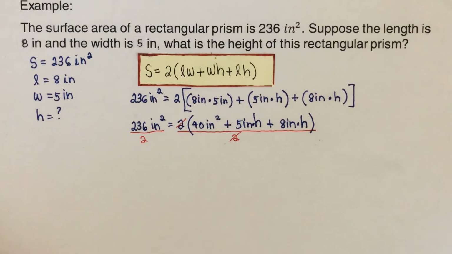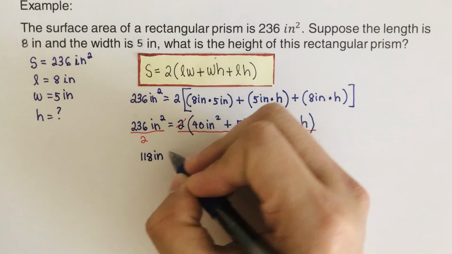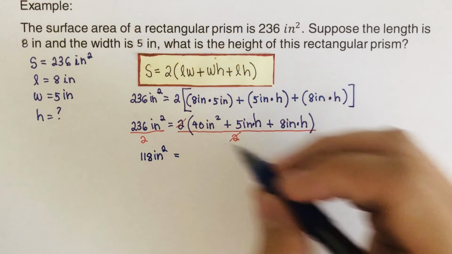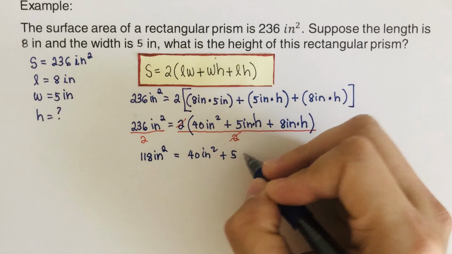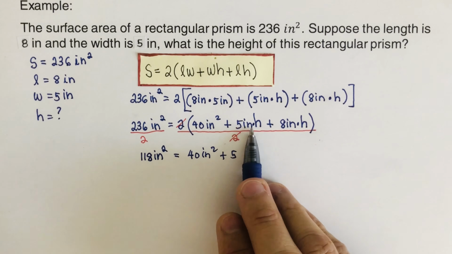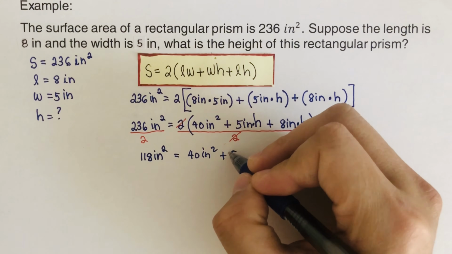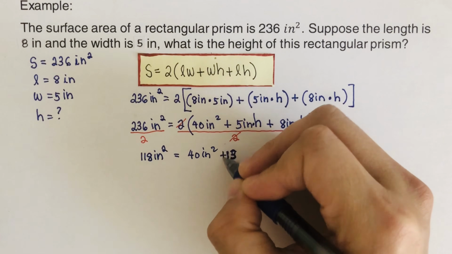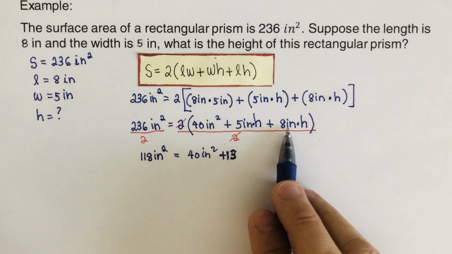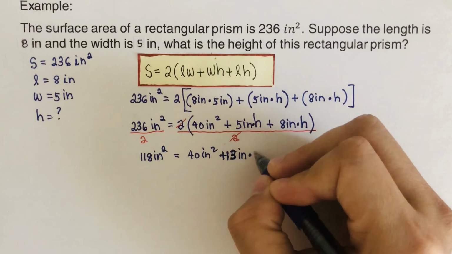236 inches squared divided by 2 is 118 inches squared, which is equal to 40 inches squared plus 5 inch h plus 8 inch h. We can combine these: 5 plus 8 is 13, and the unit here is inch h.